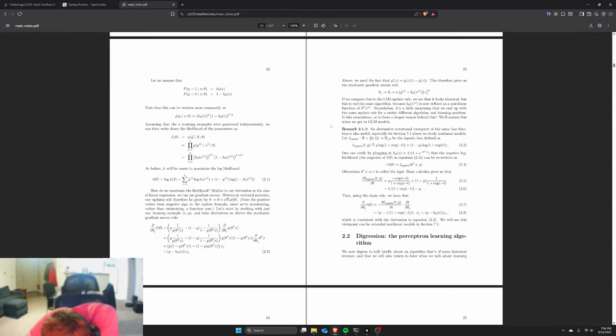So then that one flips over, right? So then that becomes plus log of one plus exp of negative.